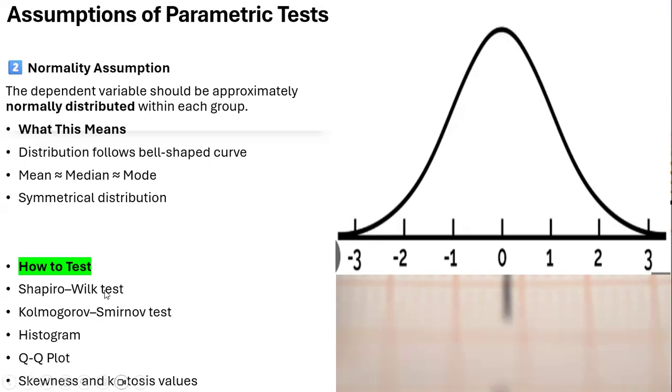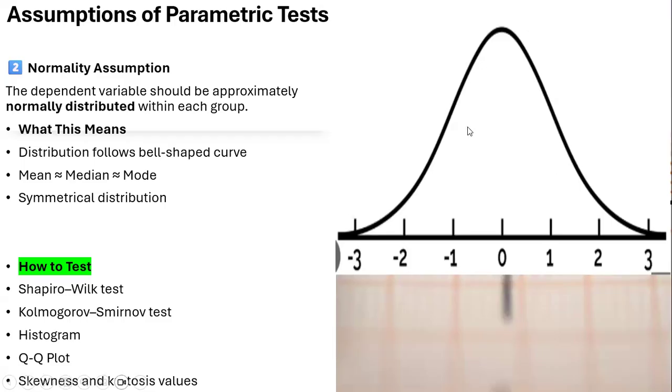And mind you, you have to know which one you are using to report, depending on the sample size that you are dealing with. But at the end of the day, the distribution should fall within this that we have on our screen. It should not be skewed to the left. It should not be skewed to the right.